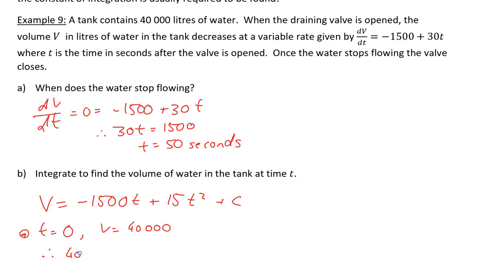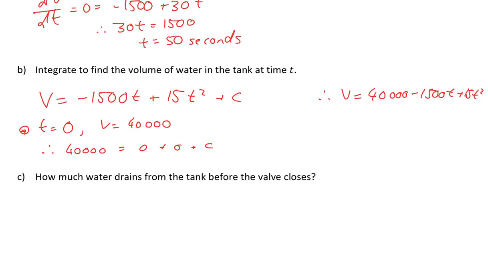Therefore, I can say 40,000 is equal to 0 plus 0 plus C. Therefore, my volume is equal to 40,000 minus 1,500t plus 15t squared. There we go. Notice how we had a constant of integration and we found some point where we could substitute in to pin that down. Now we've got a function that describes the volume of the tank.